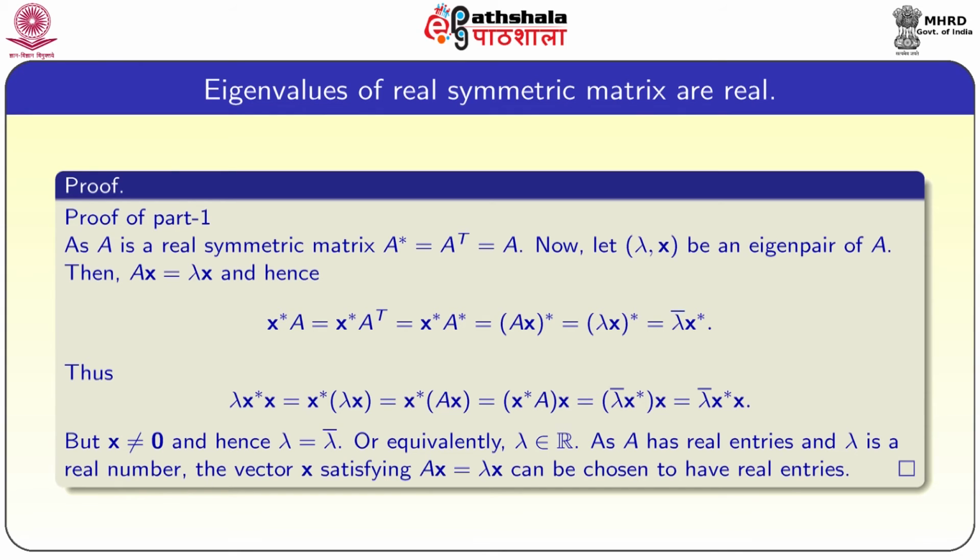So, we are going to get lambda minus lambda bar is 0, or lambda equal to lambda bar. Lambda equal to lambda bar means that lambda is a complex number which is equal to its conjugate. So, that is nothing but lambda is real. So, as A has real entries and lambda is a real number, the vector x satisfying Ax equal to lambda x can be chosen with real entries.